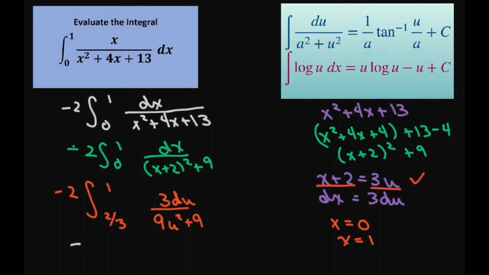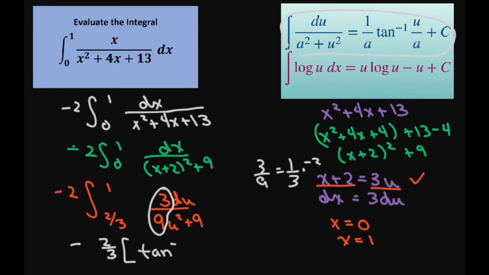If you look at this equation here, this is going to end up being negative 2/3, and we're going to have inverse tan, because this right here is 1/3, right? 3/9 equals 1/3. So I'm going to pull that out and get negative 2/3, because I'm multiplying this by negative 2. And then I just have my inverse tan function. So this is going to be inverse tan of u, and we're going from 2/3 to 1.